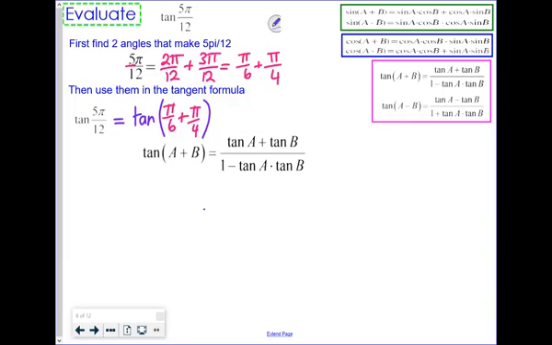So I'm going to want the tangent of one angle plus the tangent of a different angle, then one opposite of plus is minus, tangent of one angle multiplied by the tangent of the other. Make your multiplication really obvious. Make it really obvious if you're multiplying or dividing. And our angles for sticking in there are pi by 6 and pi by 4.